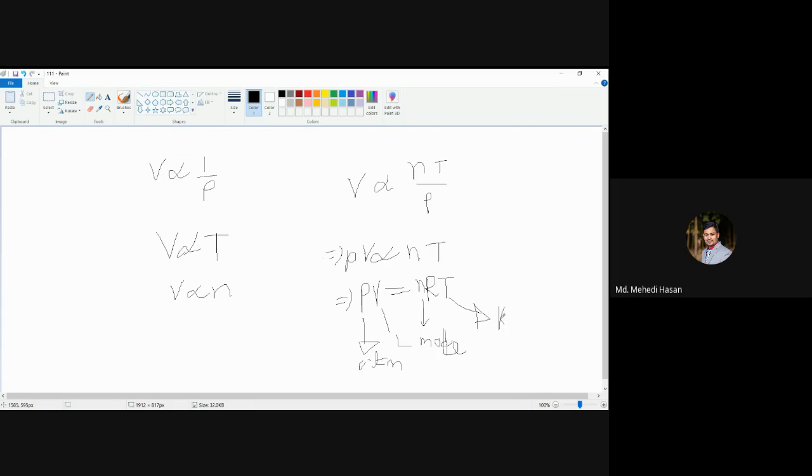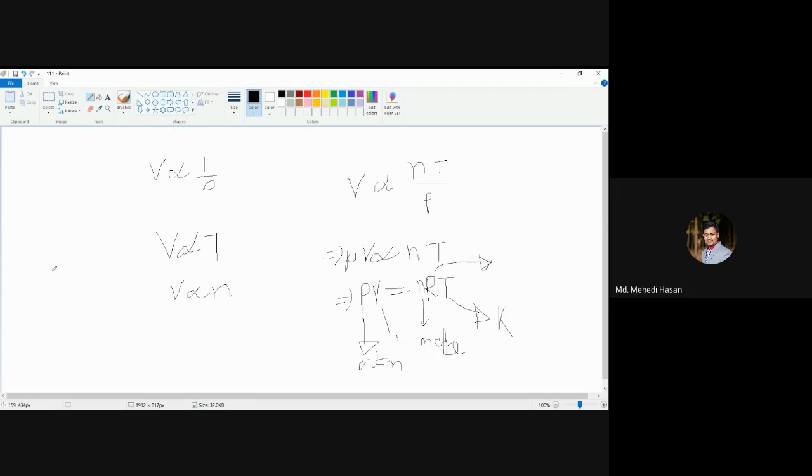Temperature is in Kelvin. So these are the units, and in that case the R value is 0.083. If you just search in a search engine, you will get the value of R. So this is PV = nRT, and you have to use this formula to solve the problem.